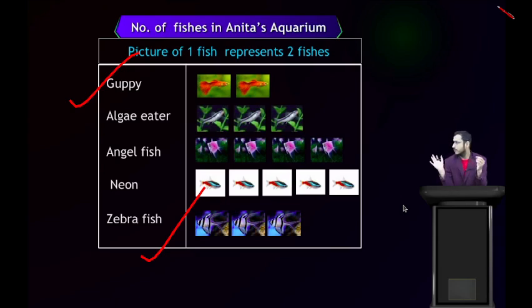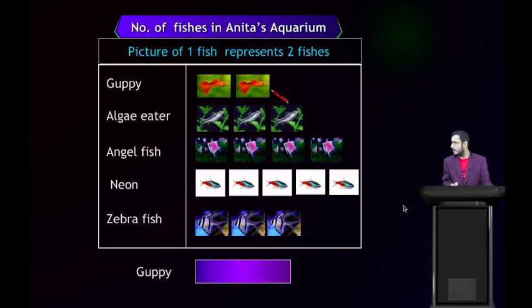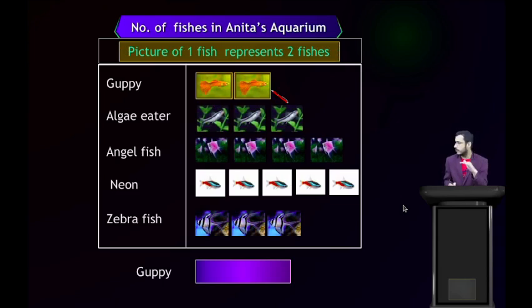One picture represents two fishes. The number of guppies: you can see two pictures, and one picture represents two fishes, that means 2 into 2, so the number of guppies is 4.